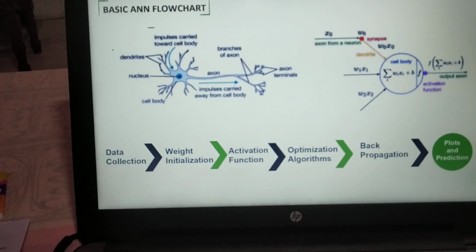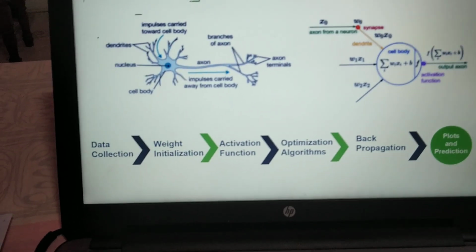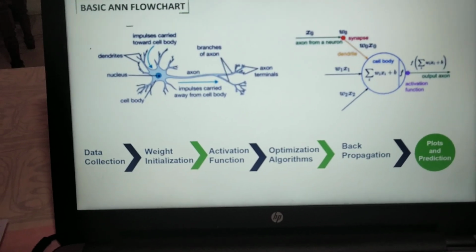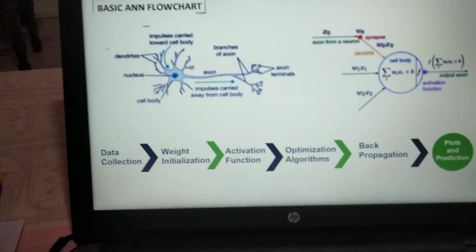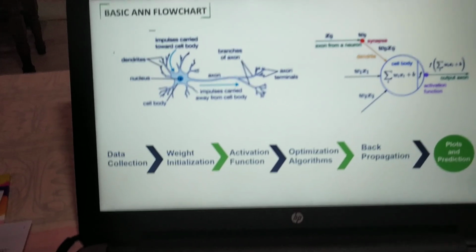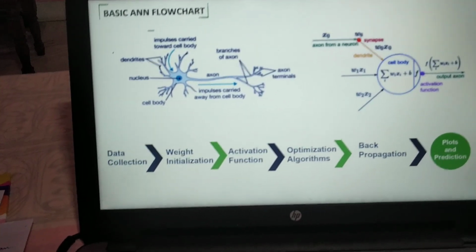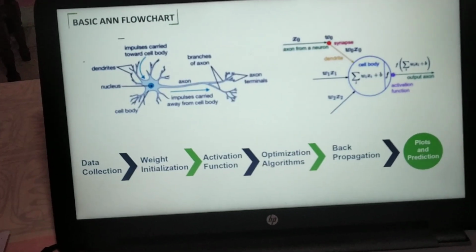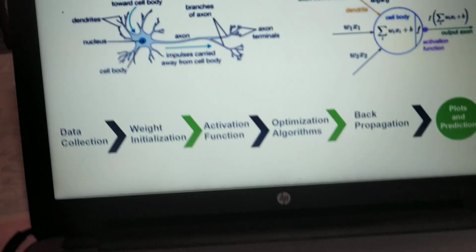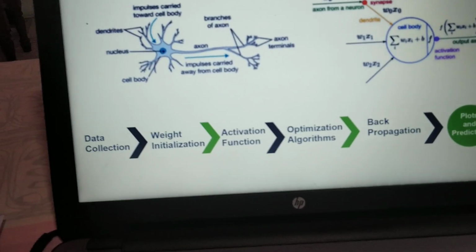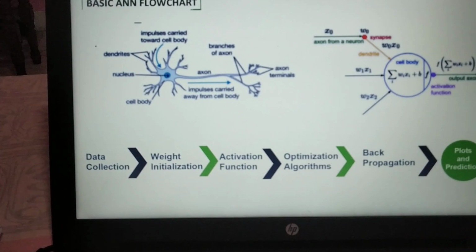So what we do is we keep on training and updating the data that we have in our mind about a cat. We see a black cat, we see a blue cat, and we update the data. Then after the training of the data in our brain, the moment we see a cat and the moment we see a tiger, we can easily identify which actually is a cat. This can be done by training the data set, which is done by the activation function and the weight initialization. But where does the role of an optimization algorithm fit in?